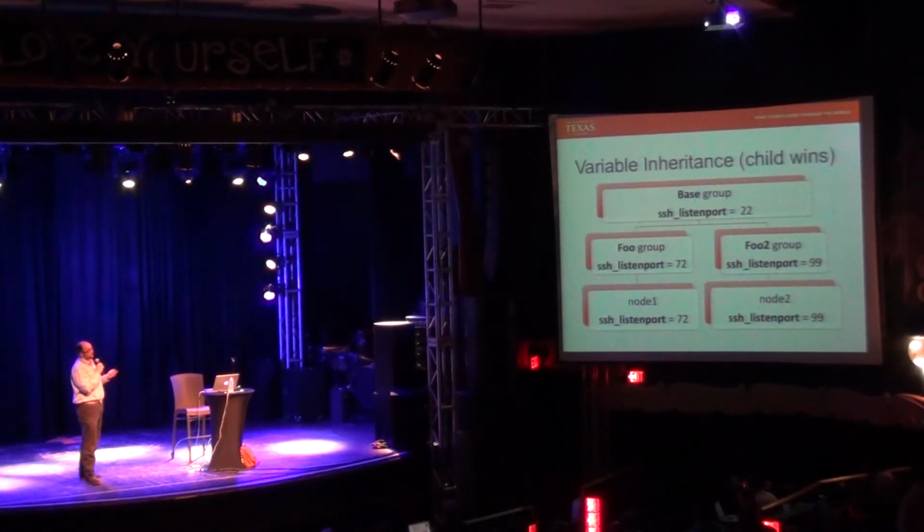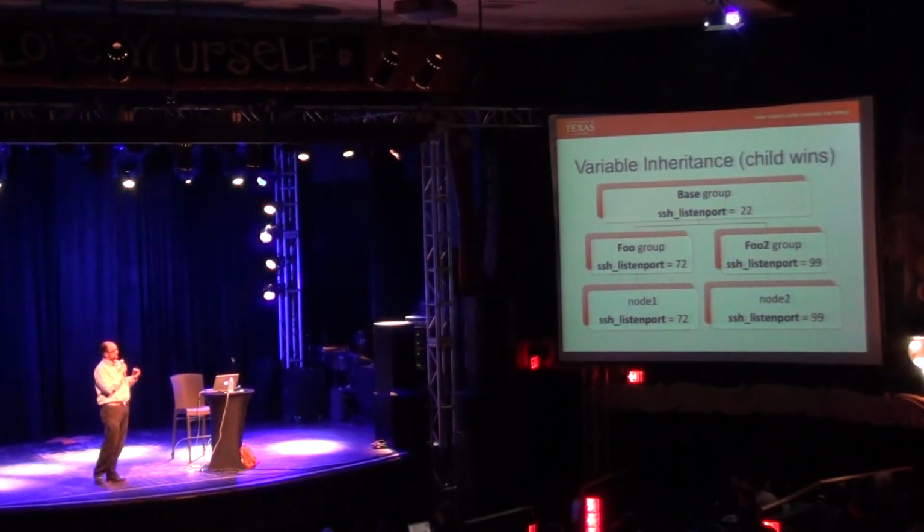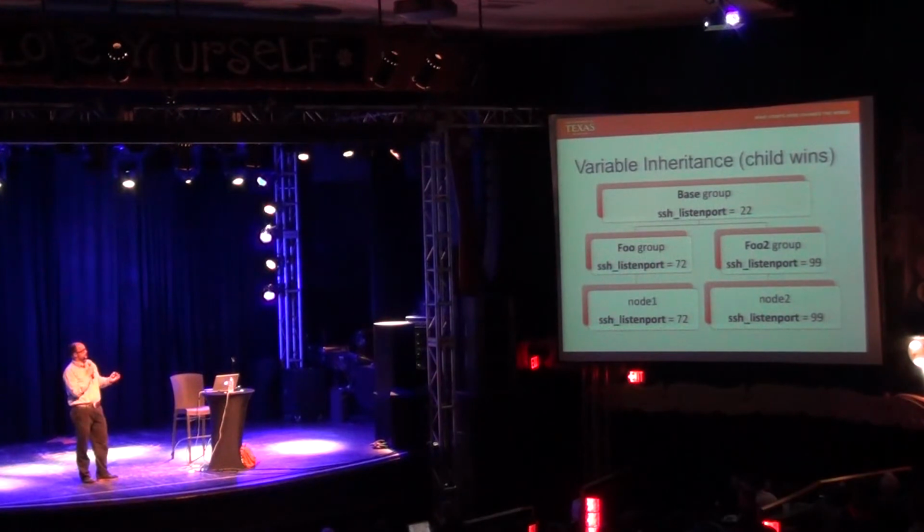Variables are slightly different in that you get the complete list, but the child actually wins if there's a conflict, which is actually useful in this case. So let's say as a base that you want your SSH to be configured, but you also want the listen port to default to 22. Okay, fair enough.